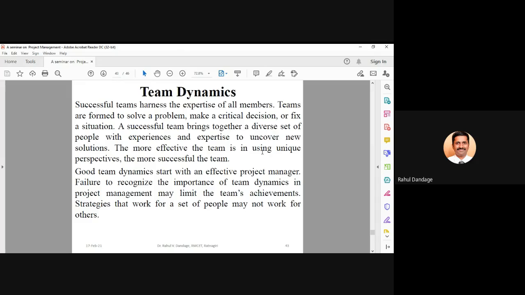Having an effective project manager is essential for good team dynamics. Failure to recognize the importance of team dynamics in project management may limit the team's achievement. So the project manager must recognize the importance of team dynamics, otherwise the team's achievements will get limited.